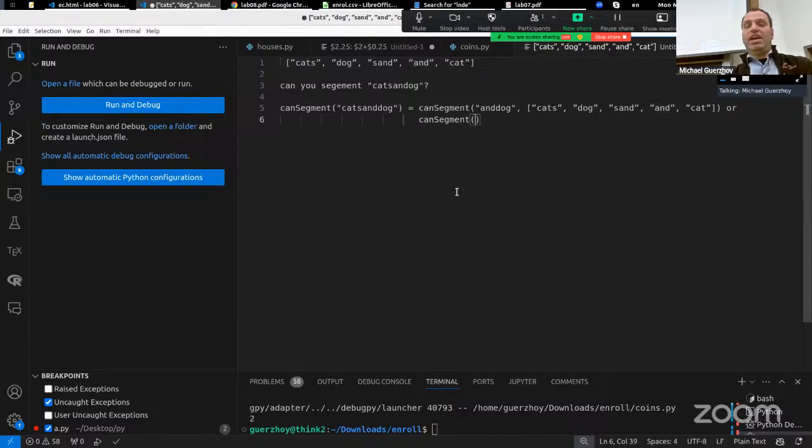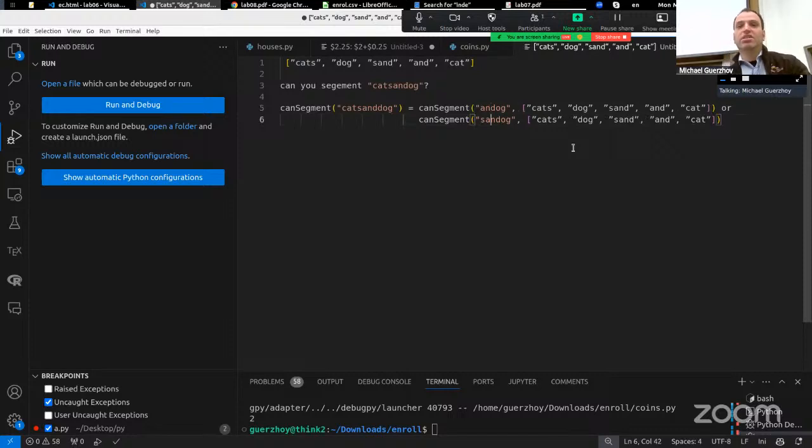Or you could say can segment sand dog like this, with those guys, right? Because those are the only possible beginnings there.